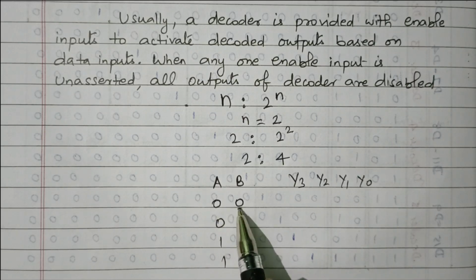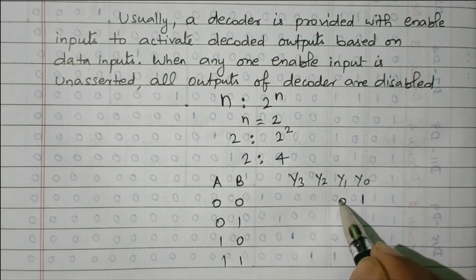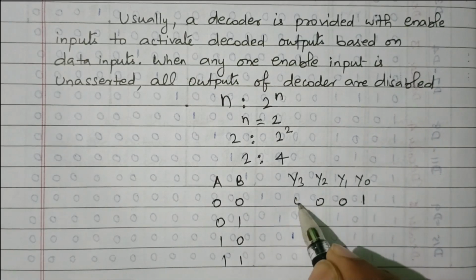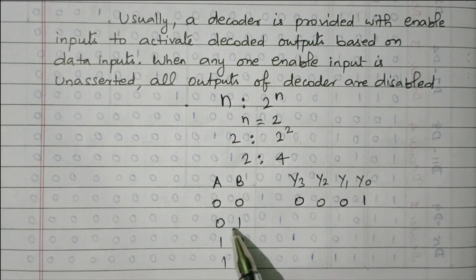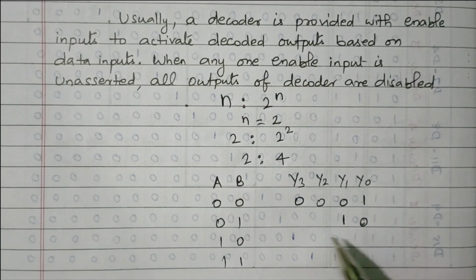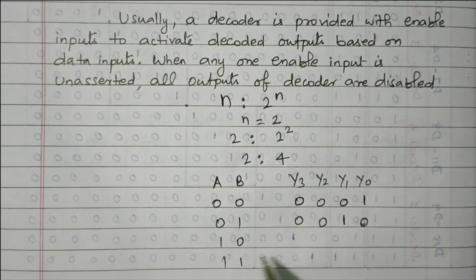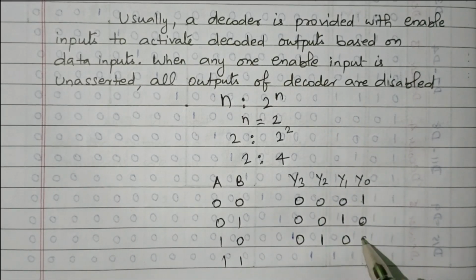For example, if A and B is 0 0, Y0 will be 1, and the other outputs are 0. This is the first possible output. If A and B is 0 1, Y1 will be 1, and the other outputs are zeros. If A and B is 1 0, Y2 will be 1, and the other outputs are 0.